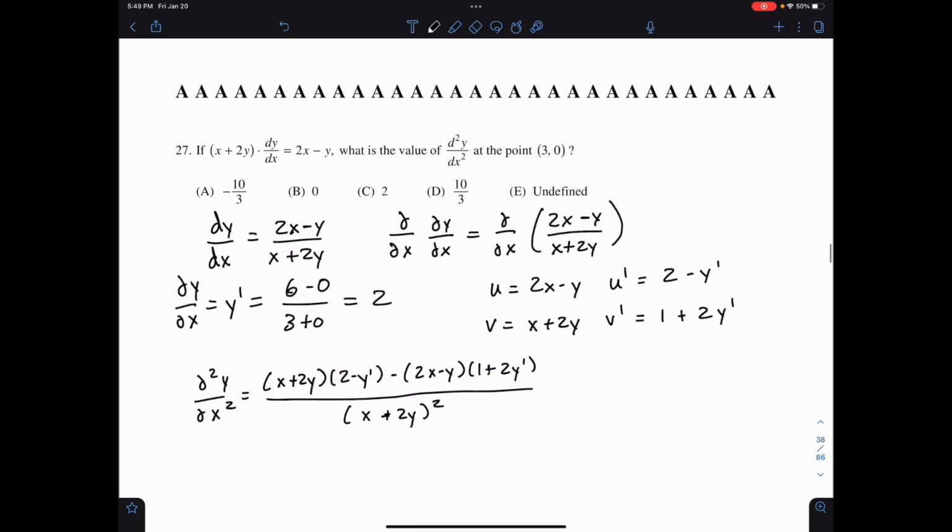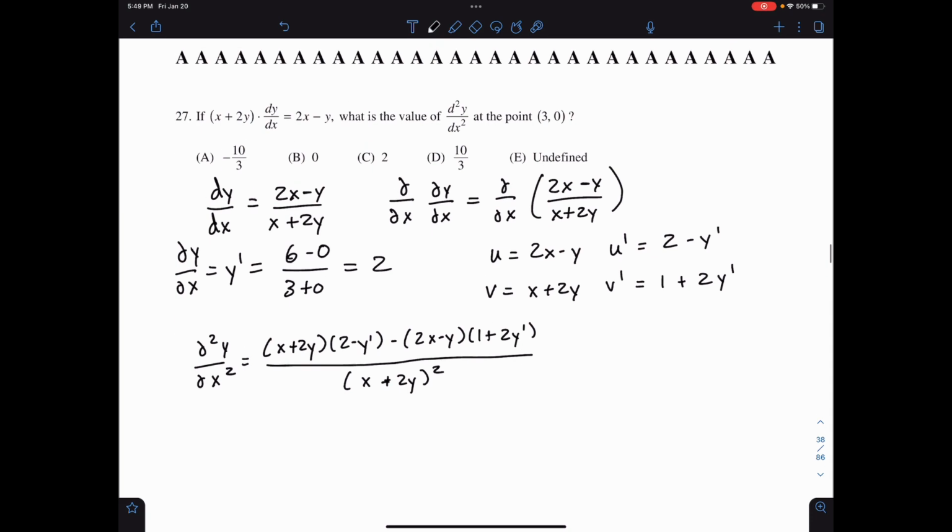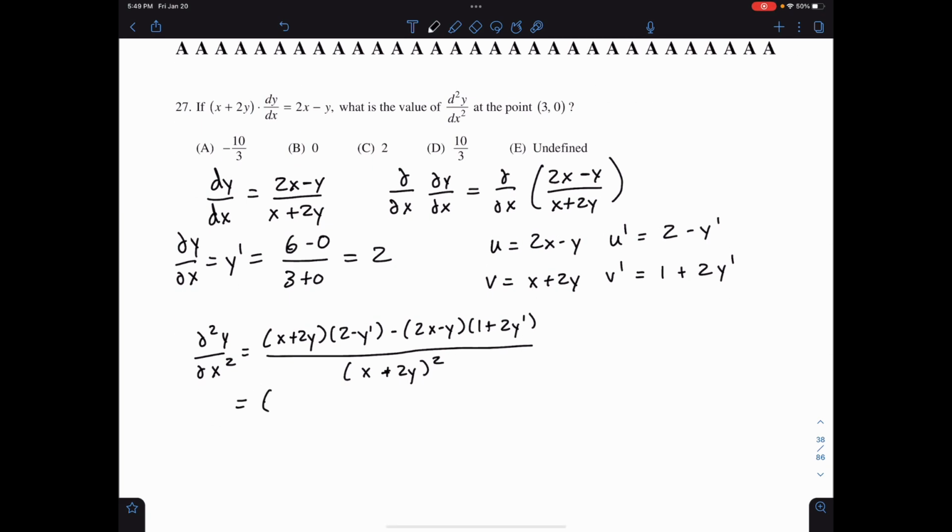So now I have all the values I need. Let's start plugging it in. So I have up on the top 3 plus 2 times 0, which is 3, times 2 minus y prime, which is 2, which is just 0, minus on the top, so I get 2 times 3, which is 6, minus 0, which is just 6, times 1 plus 2 times y prime, 1 plus 4, all over x, which is 3, plus 2 times y, which is 0, so 3 squared.